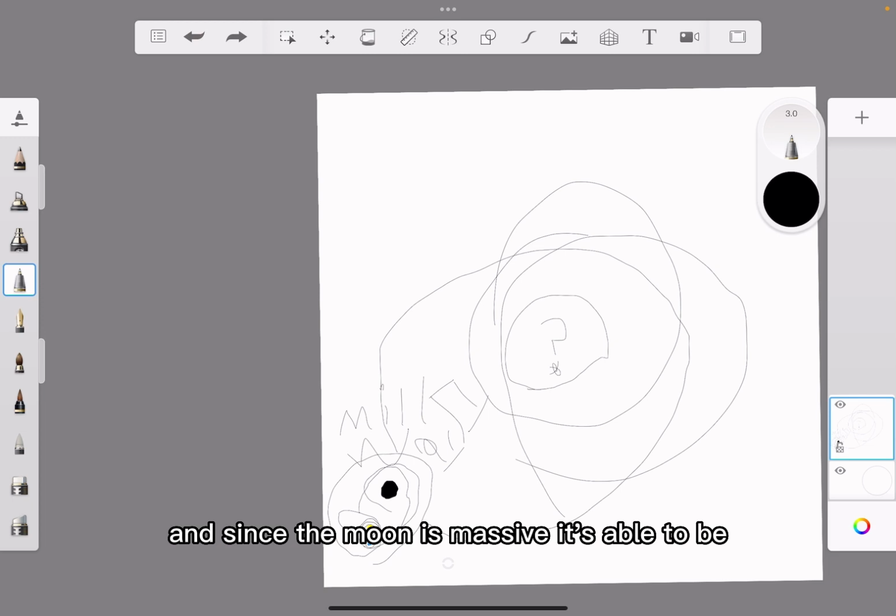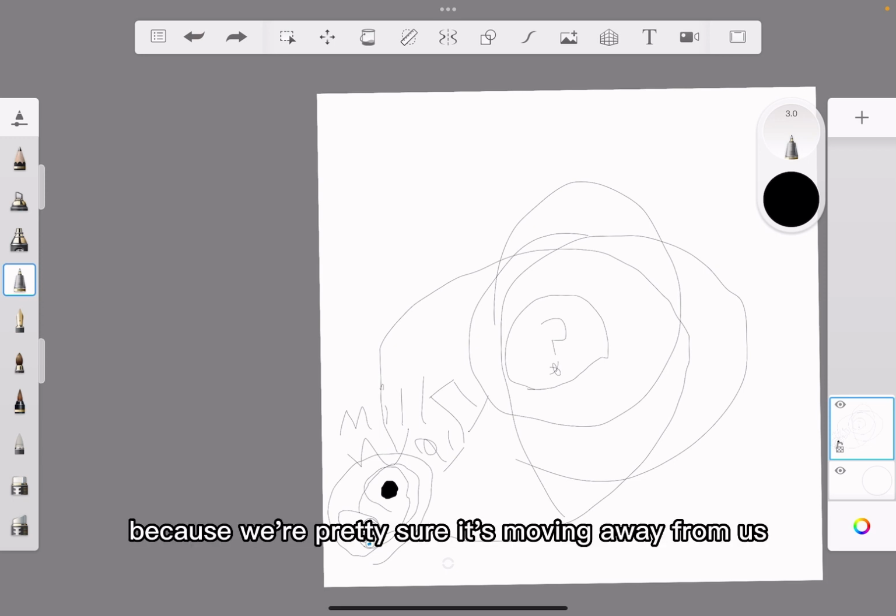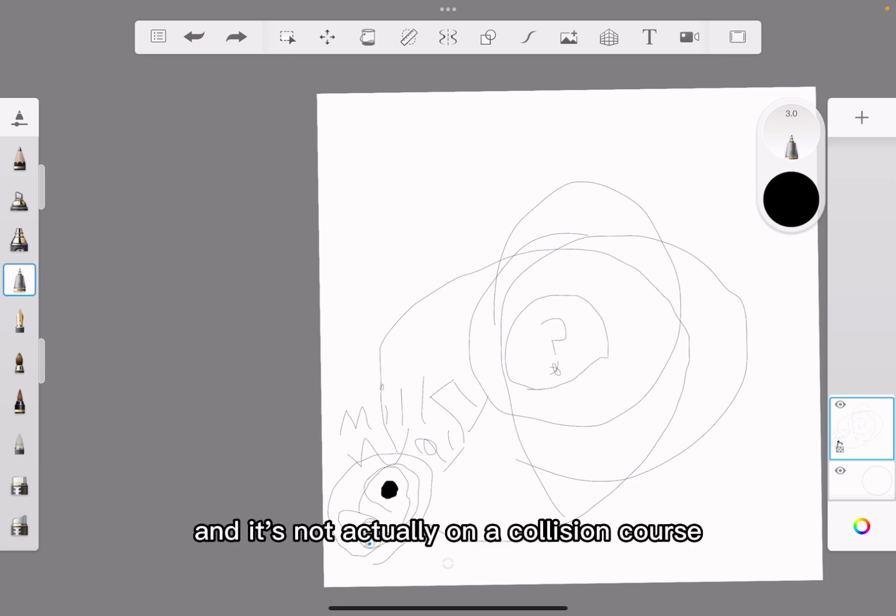And since the Moon is massive, it's actually falling away from the Earth. It's moving away from the Earth, which means we're not going to be hit by it, because we're pretty sure it's moving away from us, and it's not actually on a collision course.